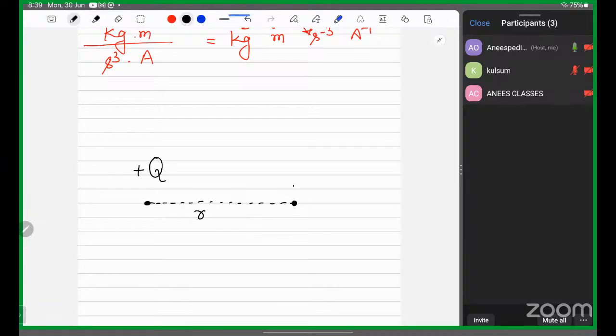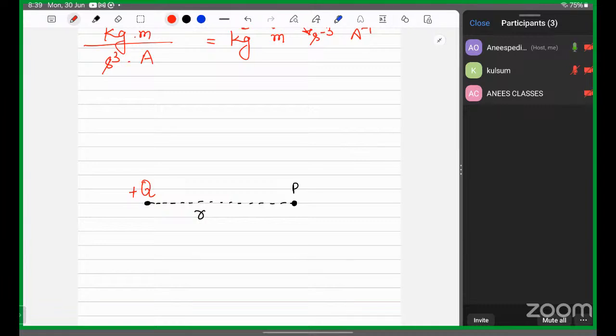Let me call this point P. I want to find the value of electric field due to charge plus Q, capital Q, at point P. What will be the electric field intensity E at point P due to charge plus Q at distance R?